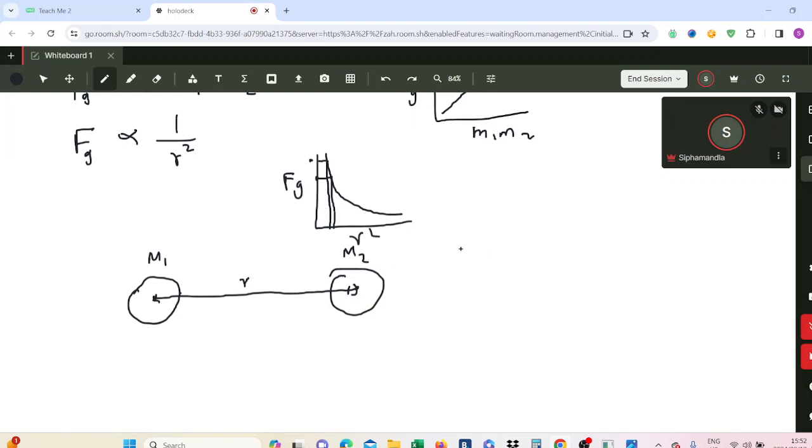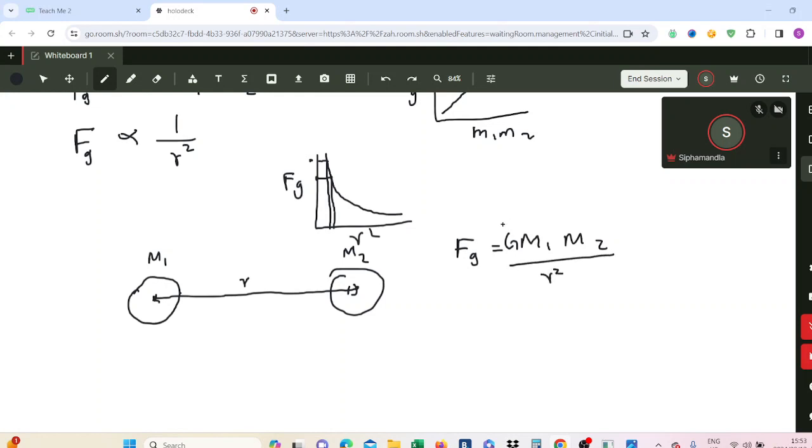In this universal gravitational law, the formula you can use to calculate the gravitational force is Fg equals G times m1 times m2 over r squared.